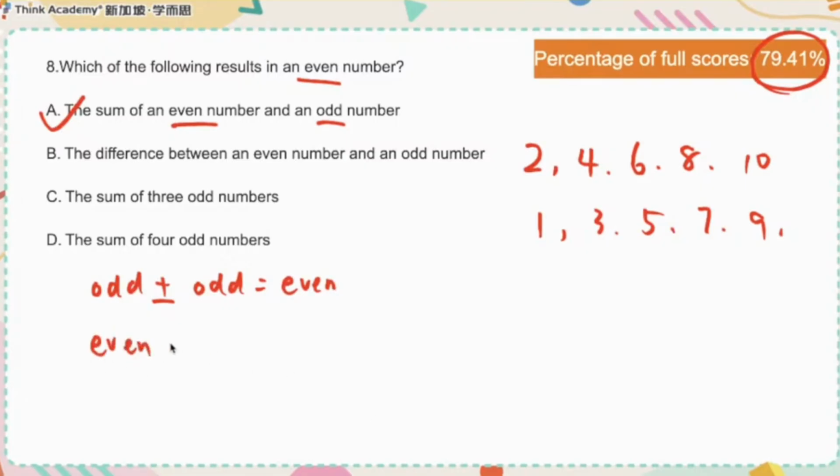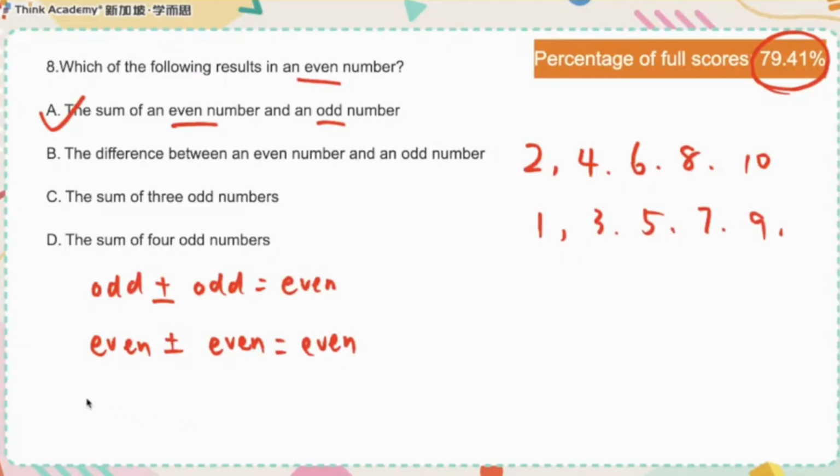You can also copy this on your book, okay? Plus or minus. I write down like this because teacher Jane is a bit lazy, okay? You better remember this means plus and minus, okay? Don't copy mine. Okay, then let's see, even number plus or minus even number, also an even number.